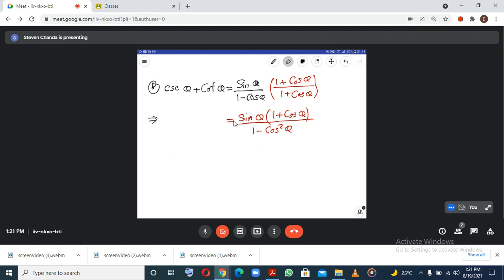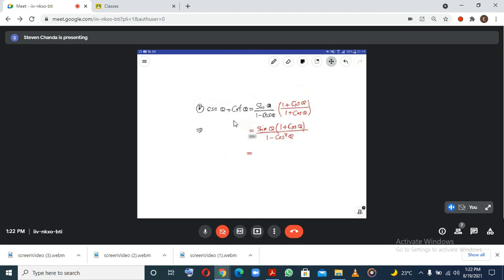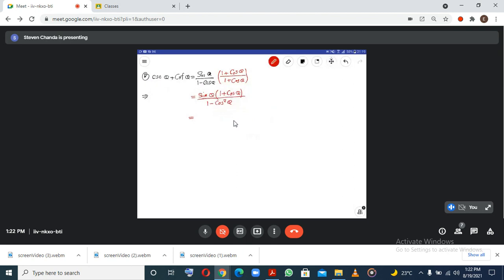Then what you do is you ask, what identity can I use to replace what's on the base? What can I do to replace what's at the base? You know this identity, we've talked about it a lot, but let me just write it for the sake of revising.